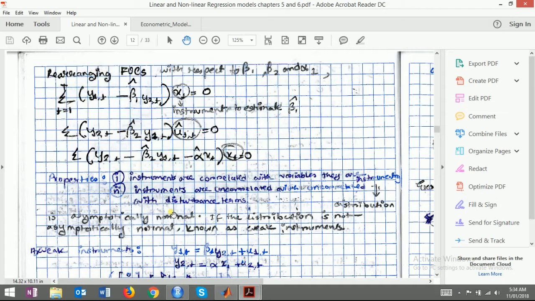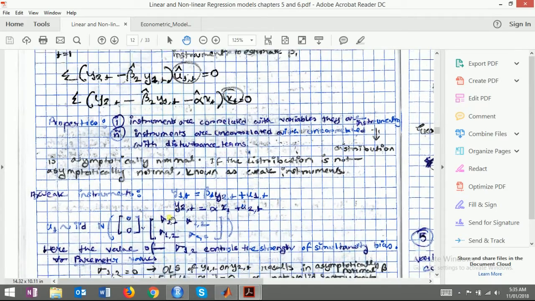That's an important property, because instruments are correlated with the variables, they take away the correlation that the variables have with the residuals, and they're generally uncorrelated with residuals. Moreover, the instruments' distribution is generally asymptotically normal. If the distribution is not asymptotically normal, they're known as weak instruments.